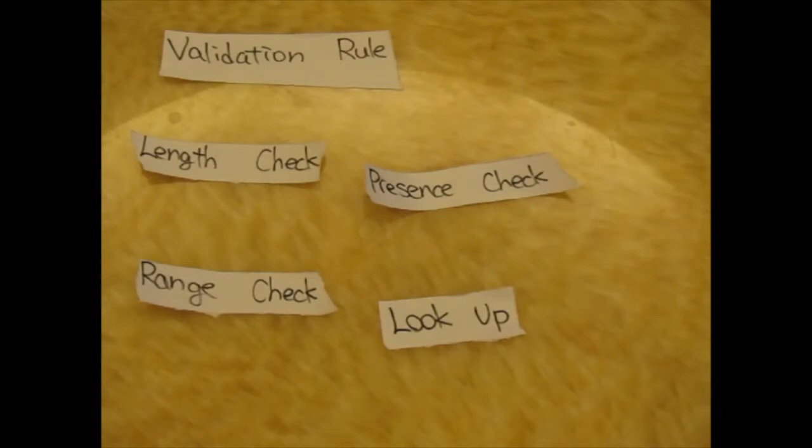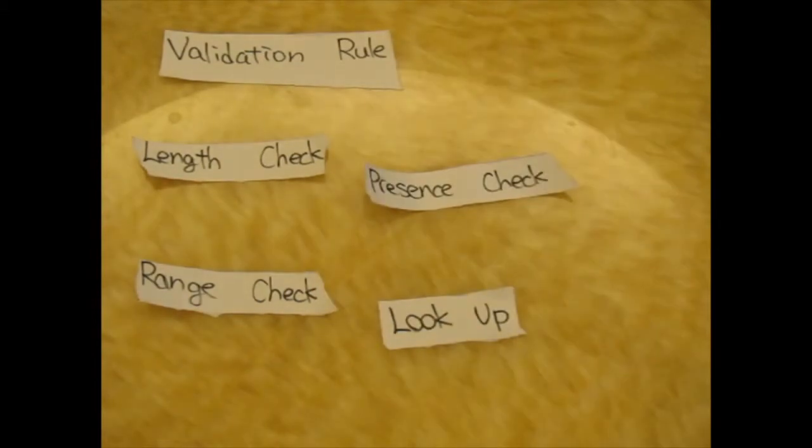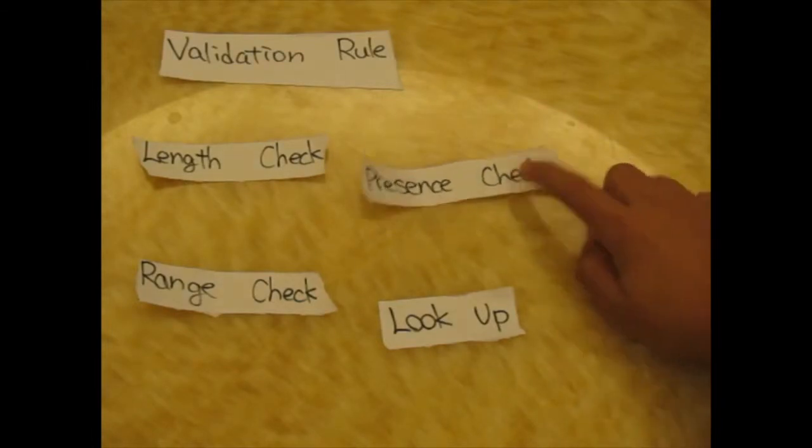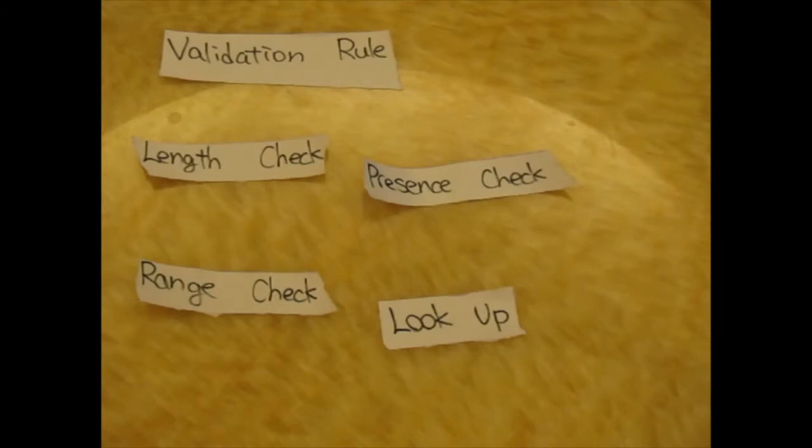Validation rules are used to decrease the chance of getting unwanted or unneeded data, and to increase the chance of collecting the data required. Some examples of validation rules include the length check, which checks how many characters there are, the range check, which checks the range of the numbers, for example, from 1 to 100, and past 100 or lower than 1 to reject the data, the presence check, which checks that the field is filled in, and the lookup rule, which checks that the data entered is within the list of options given.